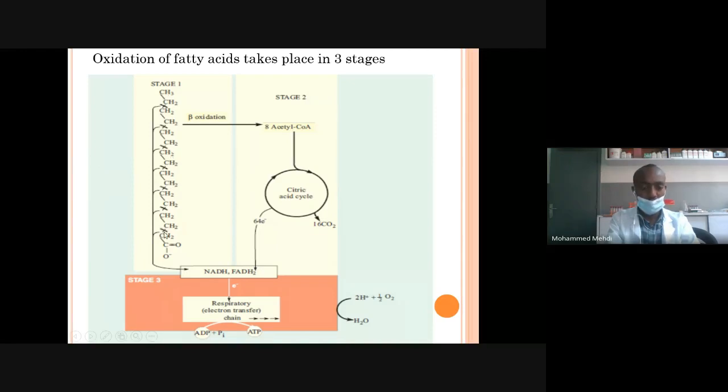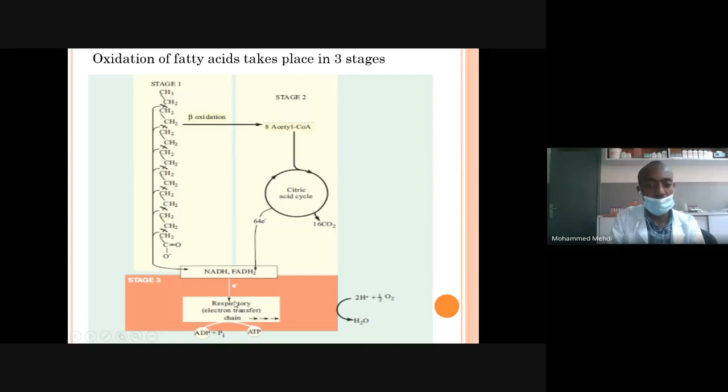There is oxidation between carbon number 2 and 3. Through this oxidation, we'll have removal of hydrogen atoms and loss of electrons. Those electrons and hydrogen atoms will be accepted by a coenzyme.